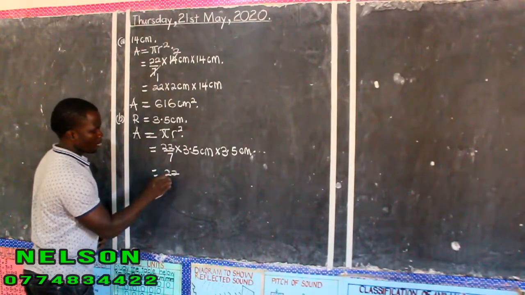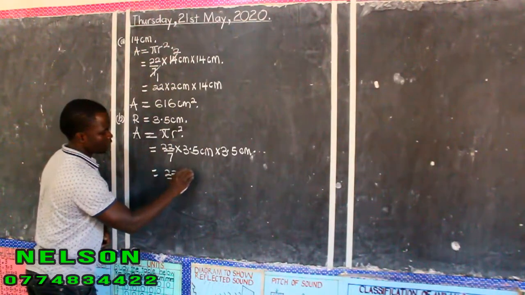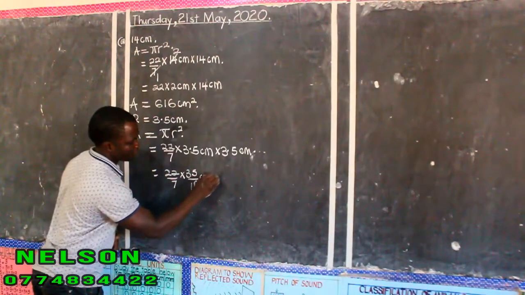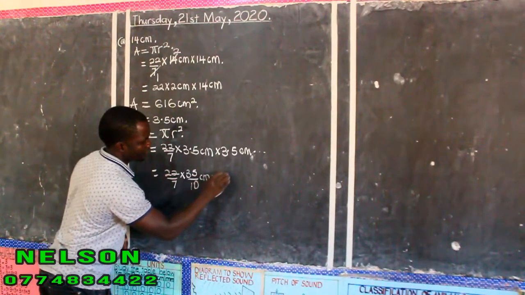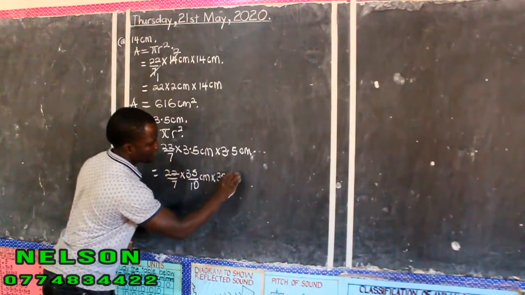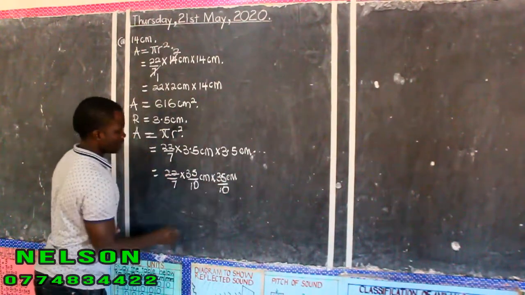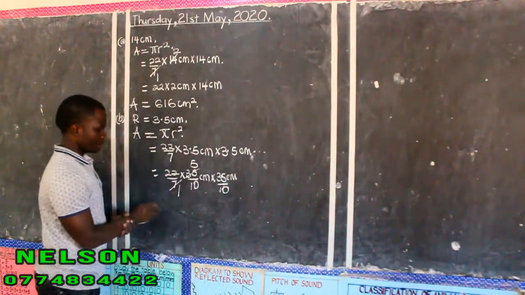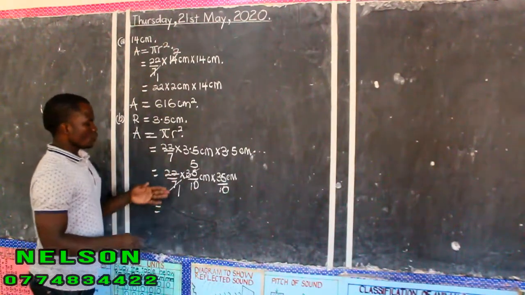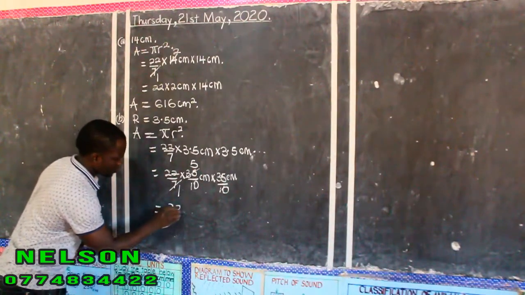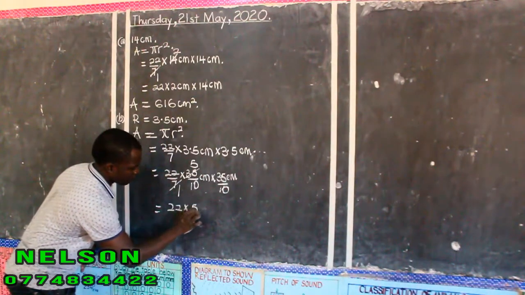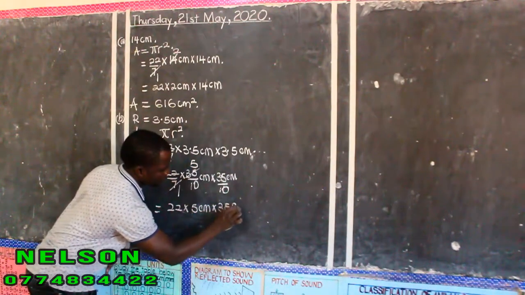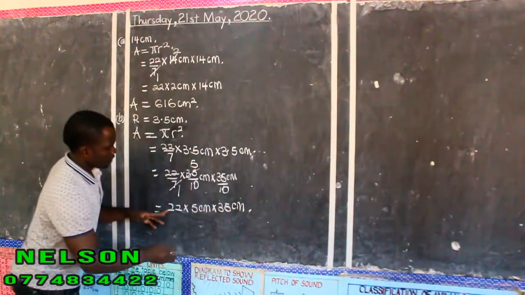This is now 22 over 7 times 35 over 10 centimeters times 35 over 10 centimeters. By 7 once, by 7, 5. So here, we shall again come down and have 22 times 5 centimeters times 35 centimeters.